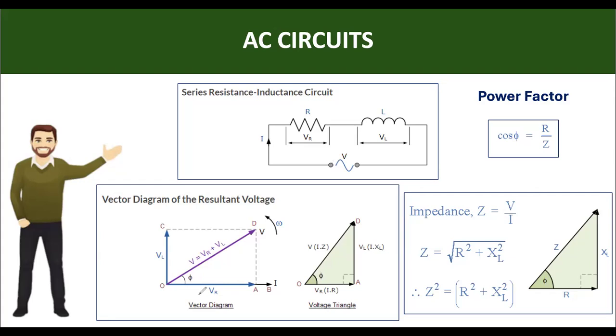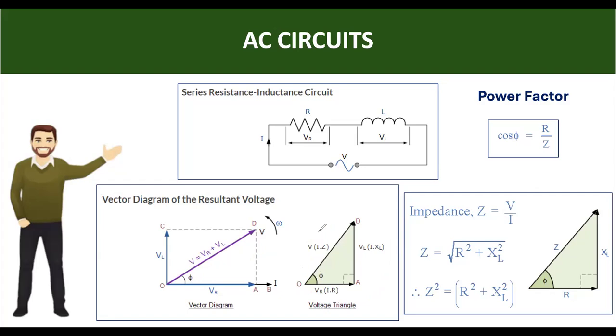We have the VR on the horizontal axis, the VL on the vertical axis in a perpendicular way, and we have the resultant to be the V total. As you can realize here, this rectangle here can be represented with this voltage triangle.